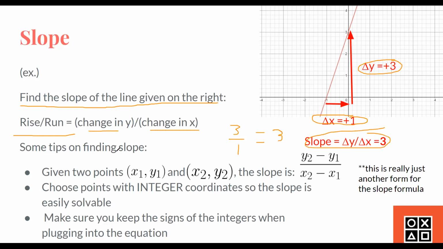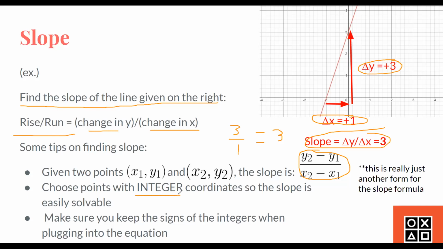So here are some tips on finding slope. Given 2 points, x1, y1 and x2, y2, the slope is y2 minus y1 over x2 minus x1. This is really just another form of the slope formula. Another tip is to choose points with integer coordinates so the slope is easily solvable.